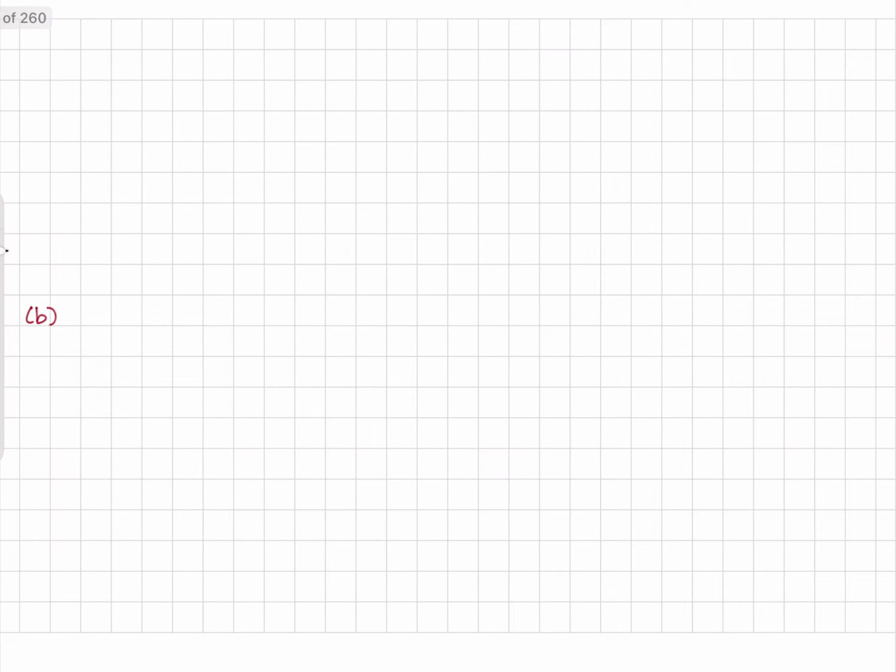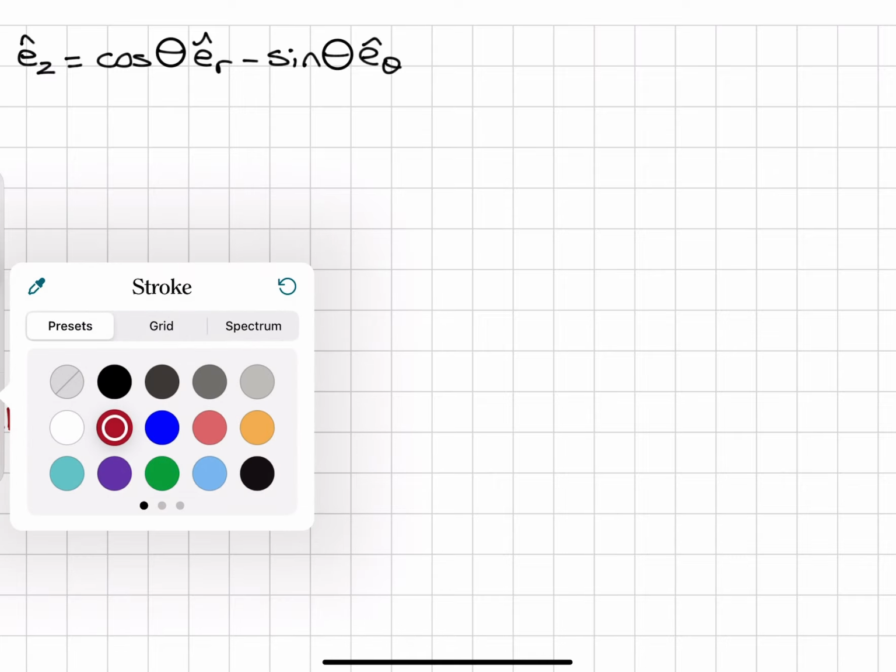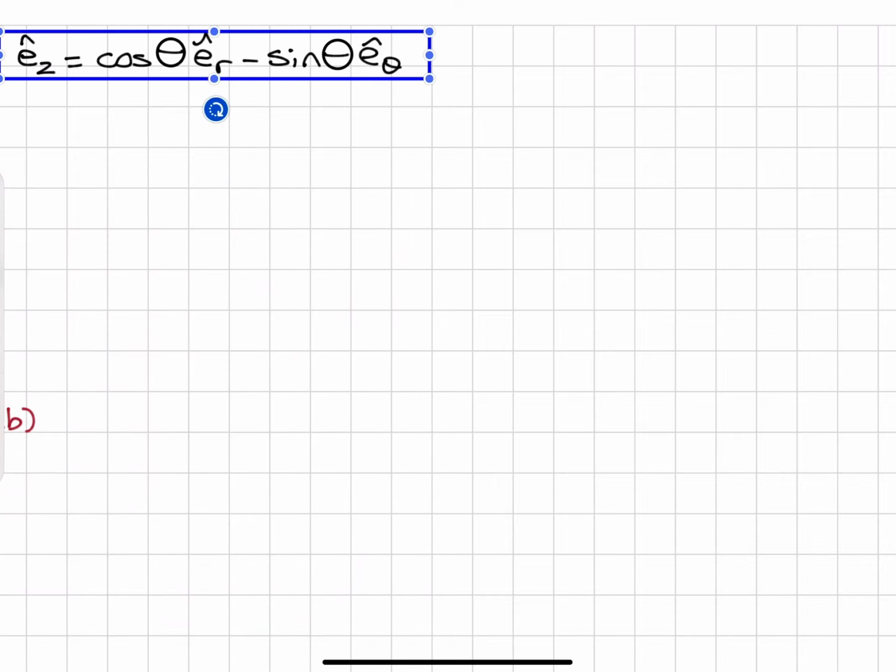So I realized that ez hat can be written in terms of er hat and e theta hat: it's cosine theta er hat minus sine theta e theta hat. Let's keep that in mind.